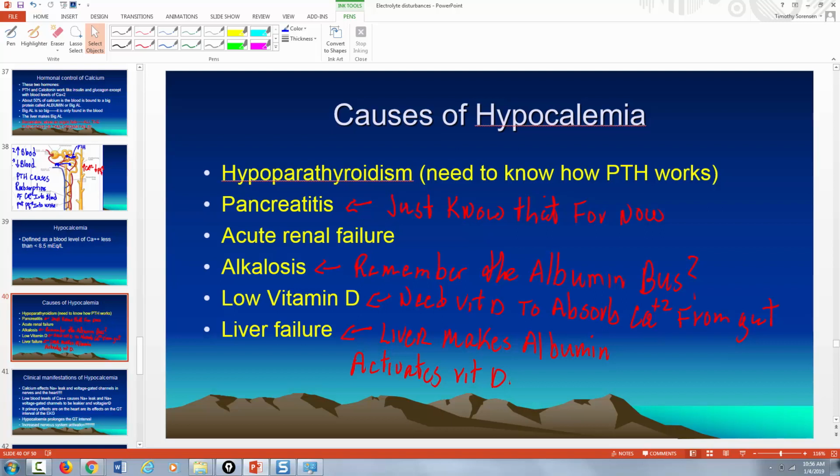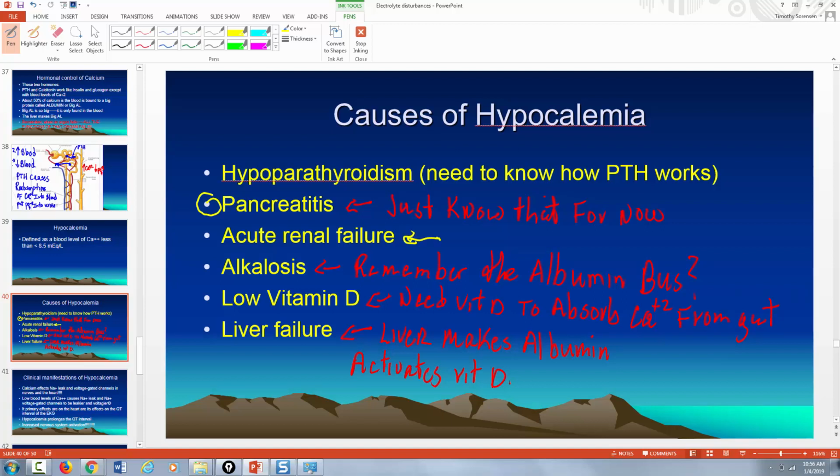So if there is just a decrease, and this can be idiopathic, meaning it just happens, and if you have low levels of parathyroid hormone, then that means you're going to have low levels of calcium, because parathyroid hormone raises it up, right? In acute pancreatitis, I'll explain this to you later. Right now, just take this on faith, all right? That pancreatitis will cause it. Acute renal failure will cause this too.